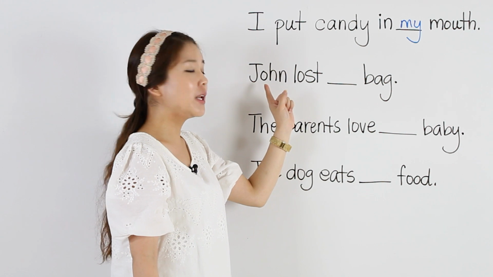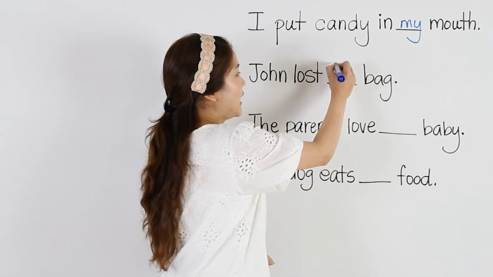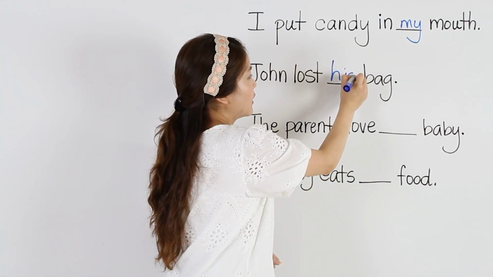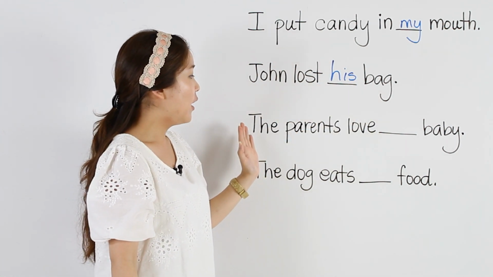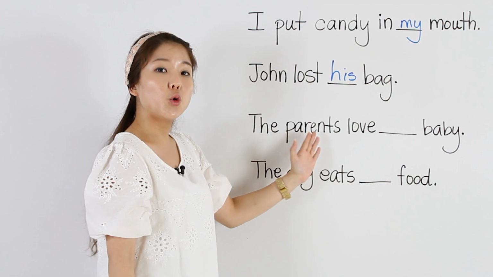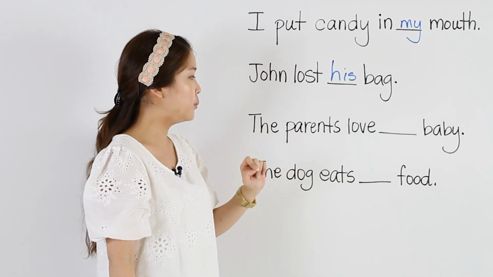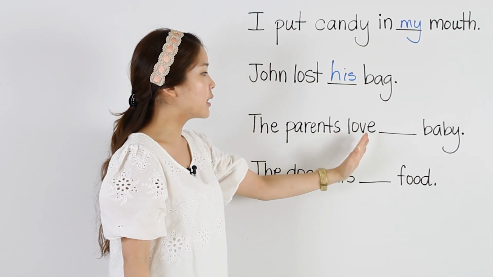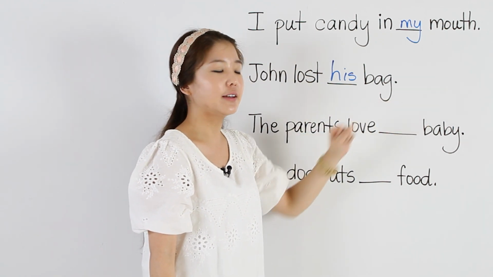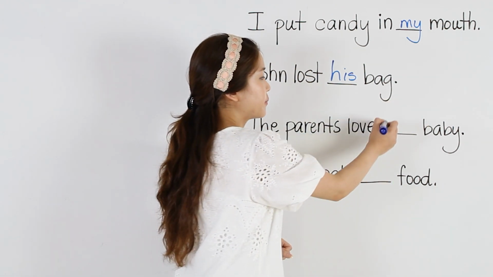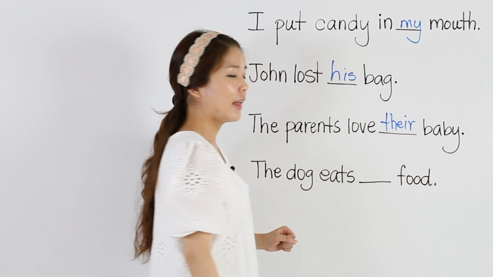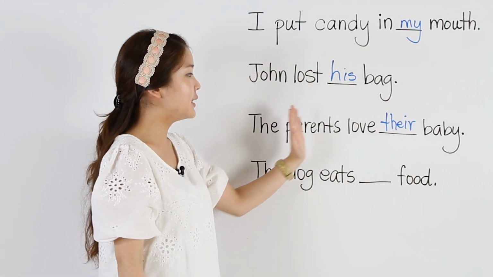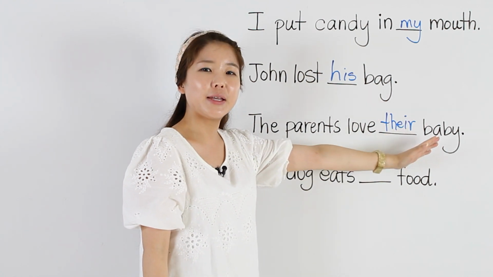Okay, for one man or boy, we say his. John lost his bag. Okay, the parents, that's more than one person, that's two people. So the parents love baby. We have to put their. The parents love their baby.